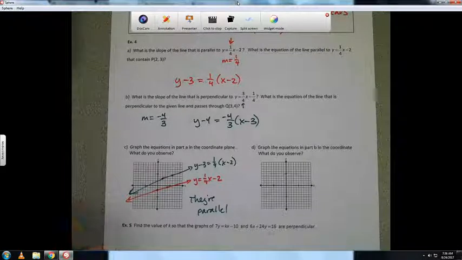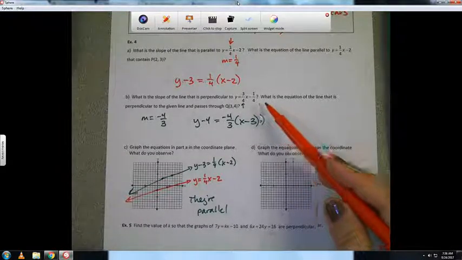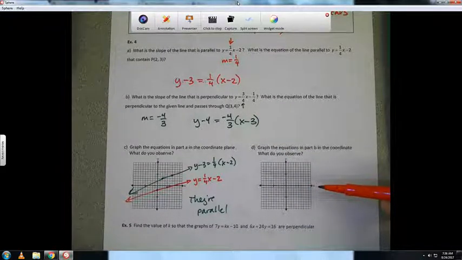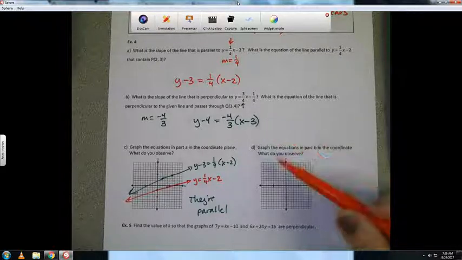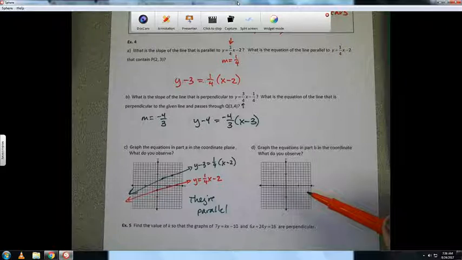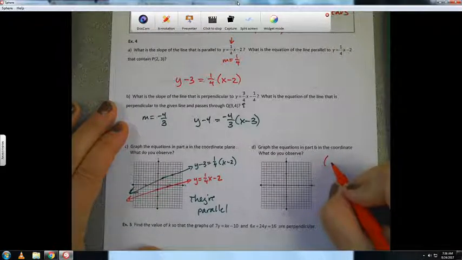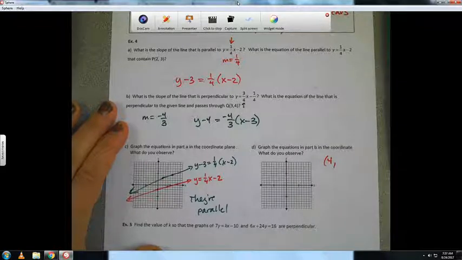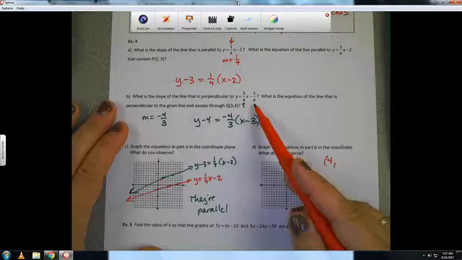Let's try the same technique in letter D here. So we're going to graph 3/4 x minus 1/4. And your y-intercept is a little bit unfortunate, so I may be looking for another point there. So I'm going to go ahead and plug in the point x equals 4. I'm plugging 4 into the equation so that I don't have to use this y-intercept.